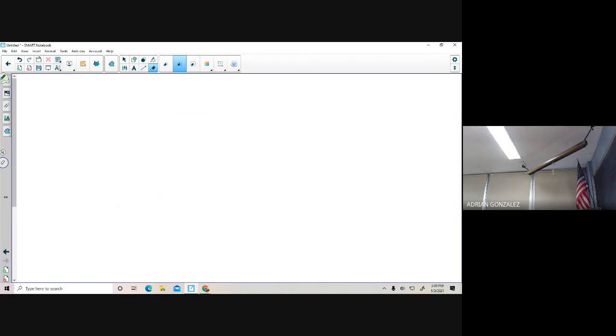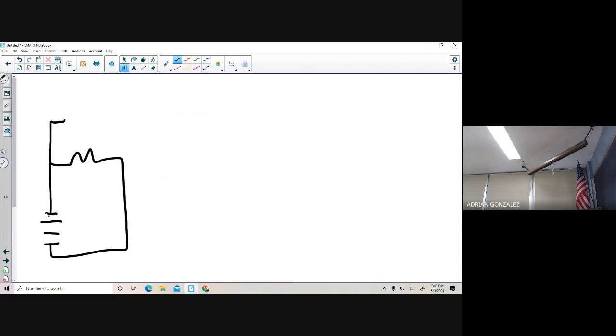So if you have a parallel circuit, real simple one like we were working with the other day, where you have your 3 resistors connected in parallel. We said this one was 3, this one was 2, this one was 1.